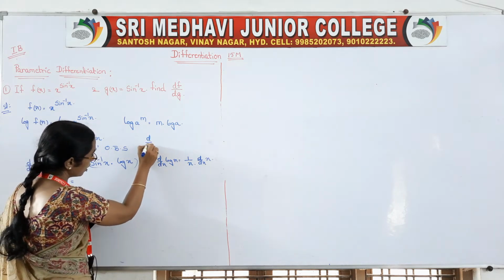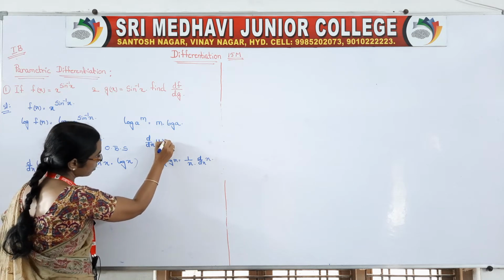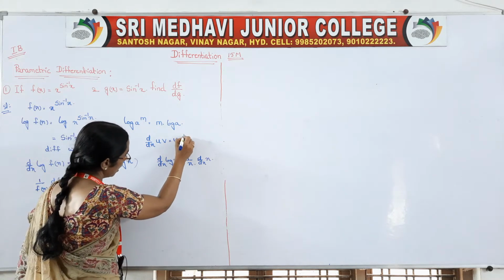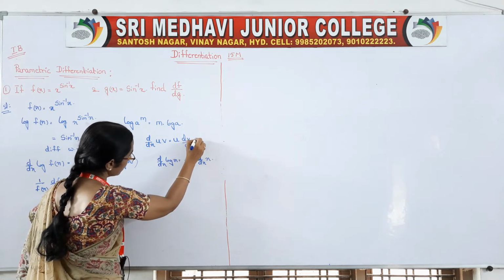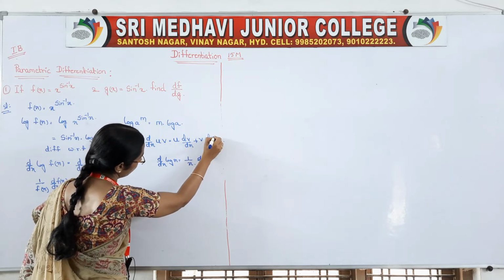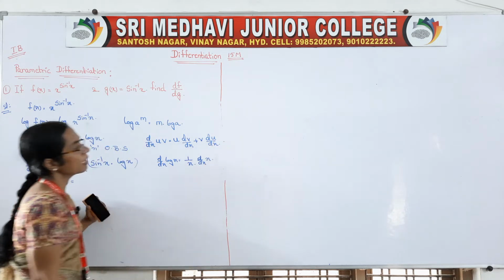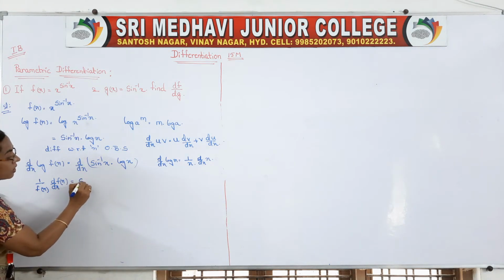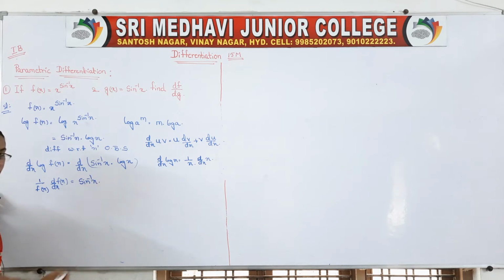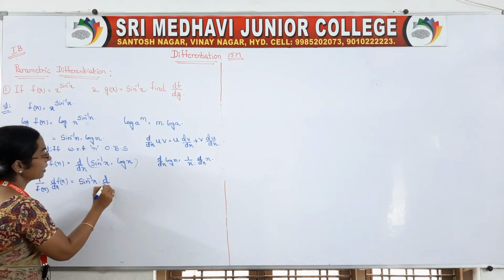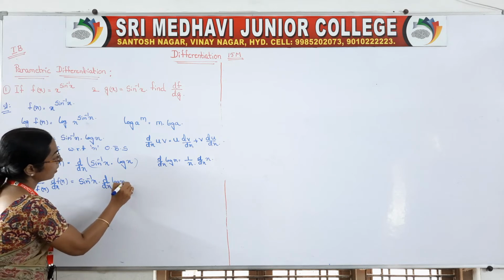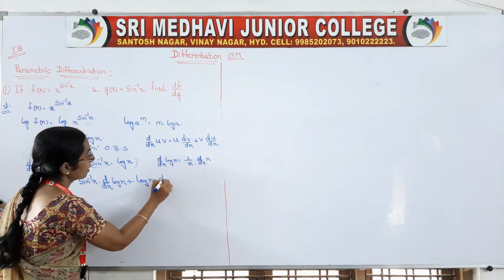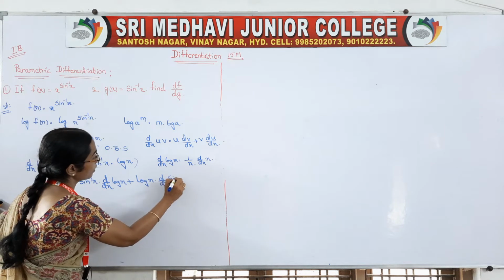What is the formula for product form? d by dx of u into v is equal to, keeping u as it is and differentiating v. Next, keeping v as it is and differentiating u. This is the formula.